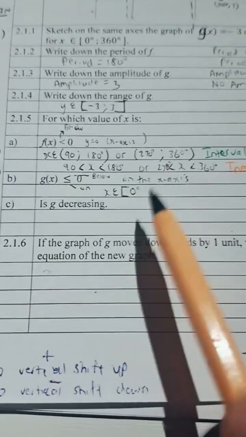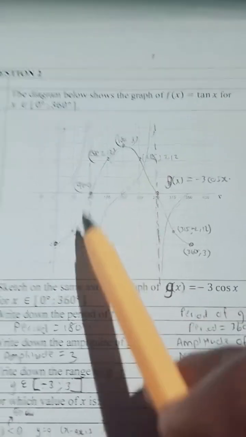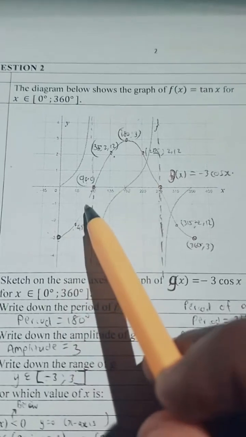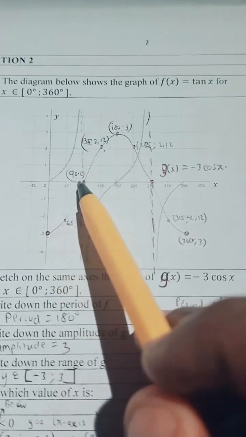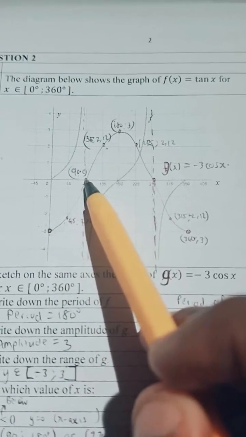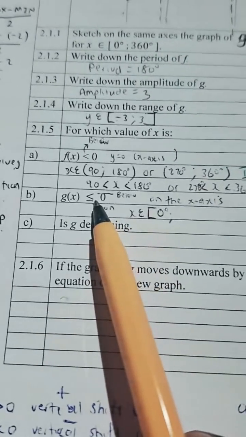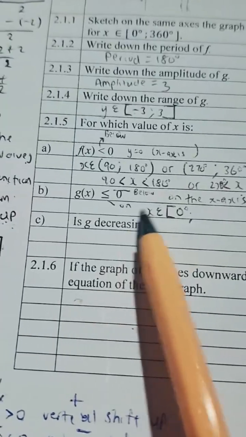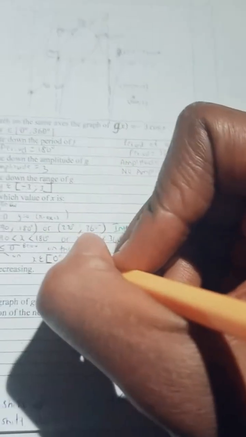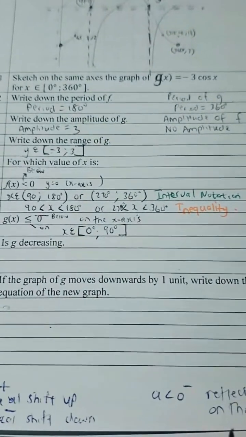Then to 90. Because we are below all the way, and at 90 the function is on the x-axis. Because of the equal sign, we also include 90, so we square the bracket. Together?